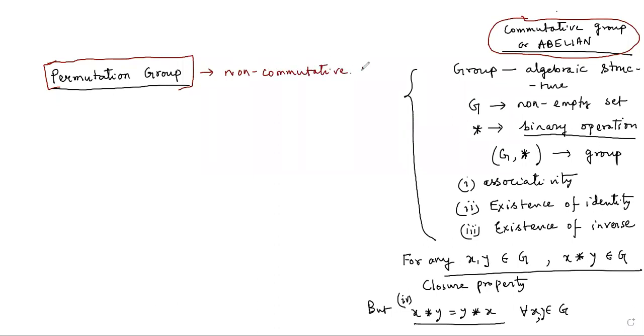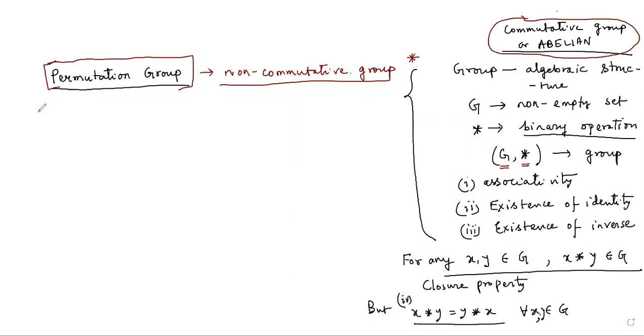So I could have told this later on, but I think this is a very important point which you must note down. So I'm saying it in the beginning that it is a kind of non-commutative group. Not only that, in algebraic structure, two important things are there, as you know. One is the set, which is non-empty, and another is the binary operation star.